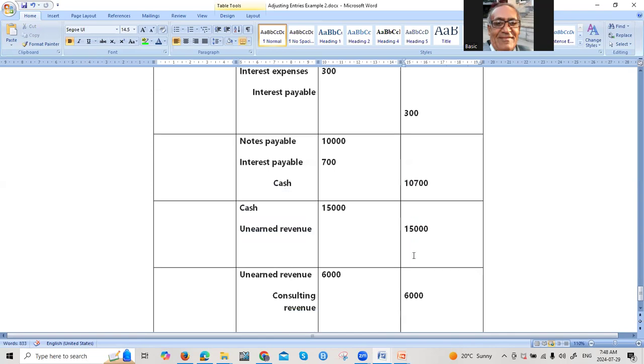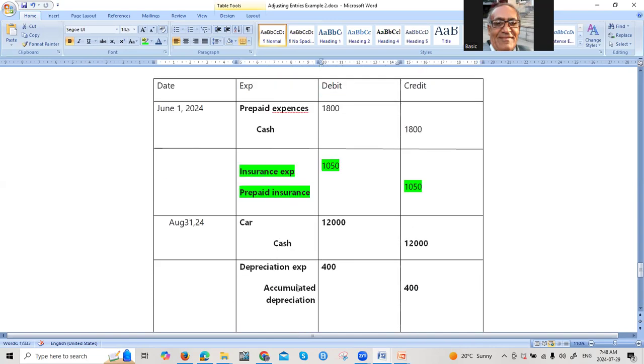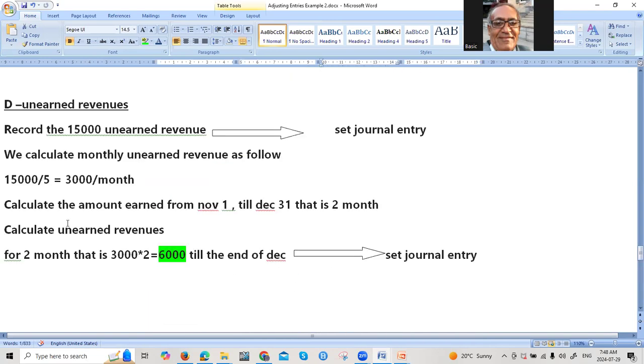Then the second one is only the 6,000 which belongs to the year. The reason is that each month is 3,000, and we did this on November 1, so it will be till December 31. It is 2 months, so 3,000 per month multiplied by 2 gives me 6,000.